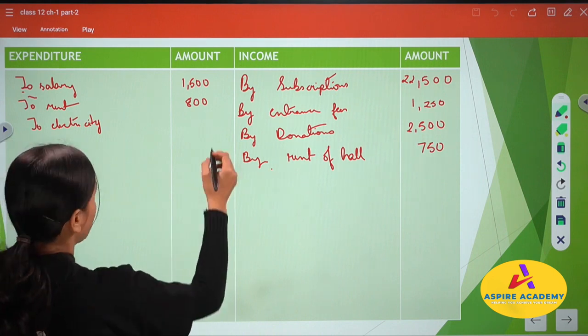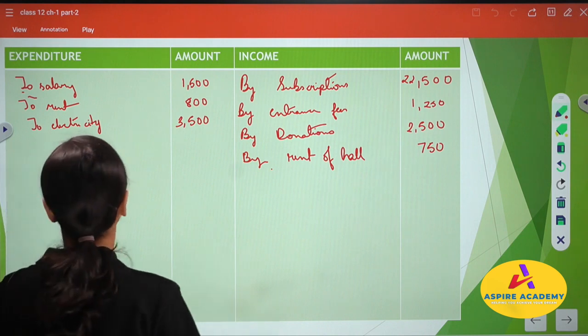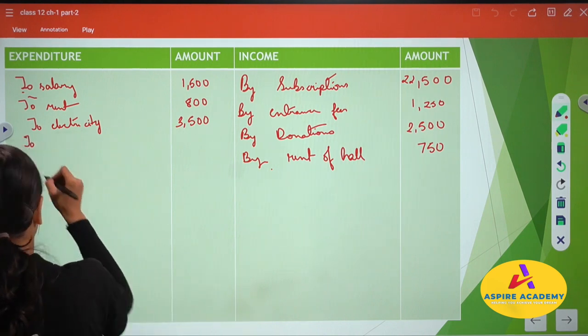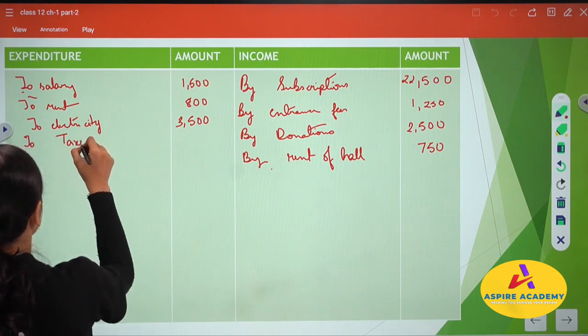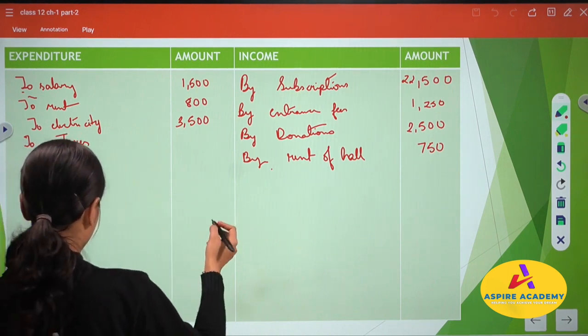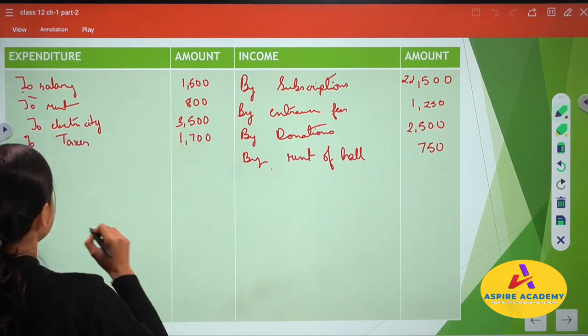Electricity, that amount is 3,500. Next is taxes, 1,700.